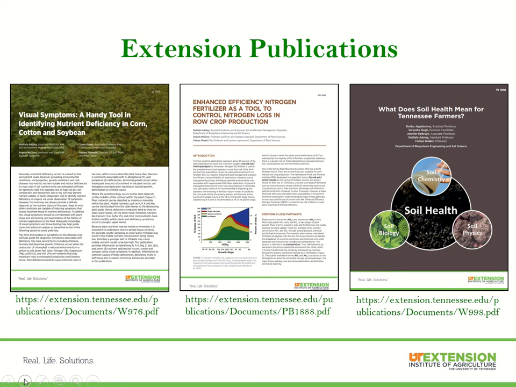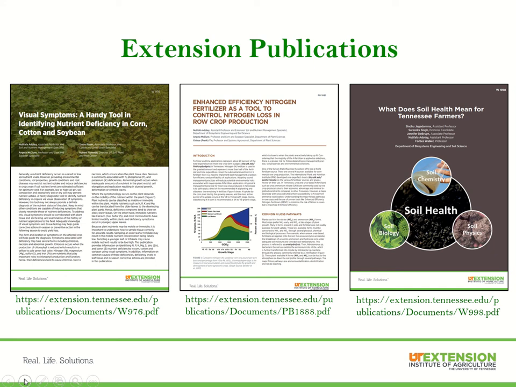The middle extension publication talks about enhanced efficiency nitrogen fertilizer as a tool to control nitrogen loss in row crop production systems. This publication presents information on the different nitrogen loss pathways that are available when you put out that precious fertilizer to your field and how you can minimize some of the losses.